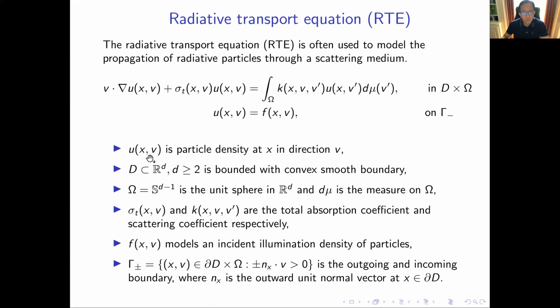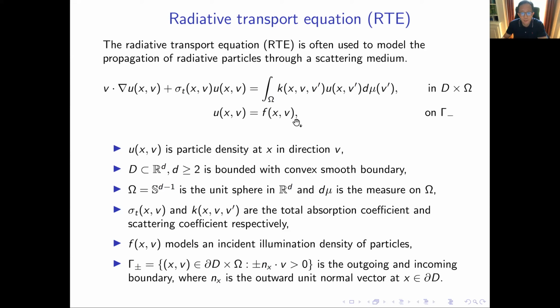U is the particle density at position X in direction V. D is the domain. Omega is the unit sphere in D dimensions. Sigma T is the total absorption coefficient. And the kernel here tells you how the particles scatter from one direction to another direction.